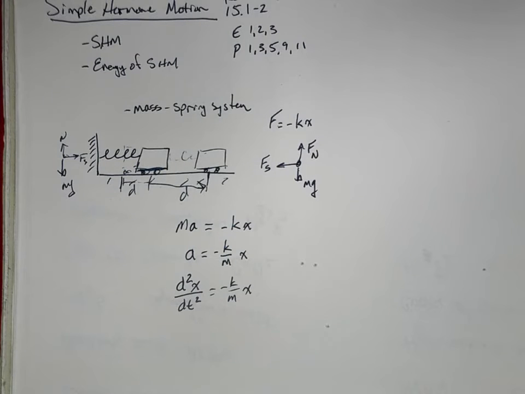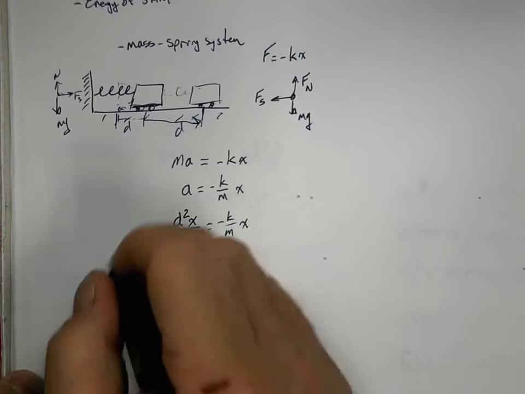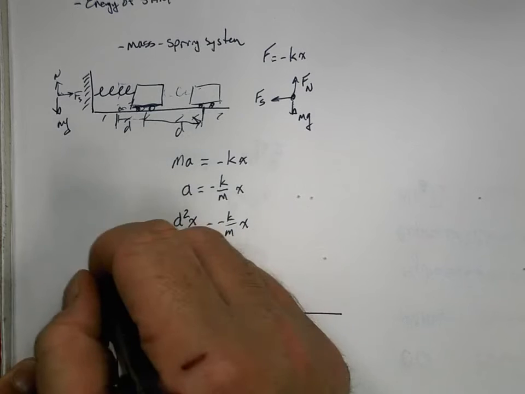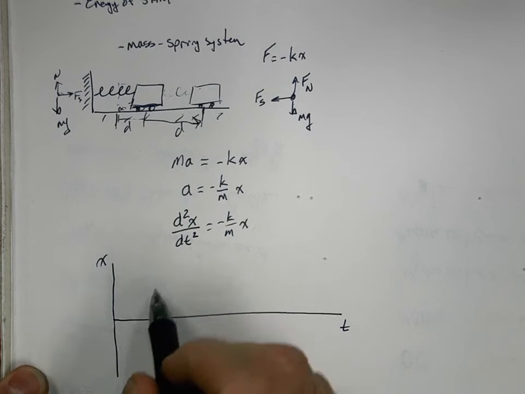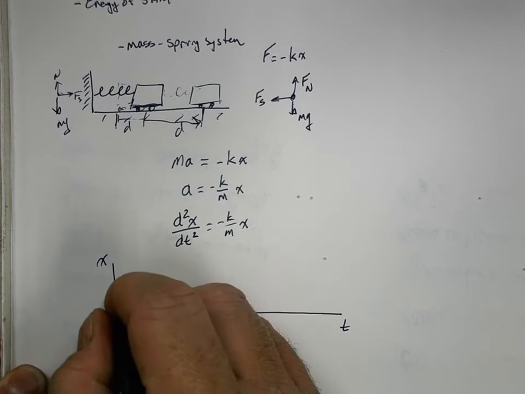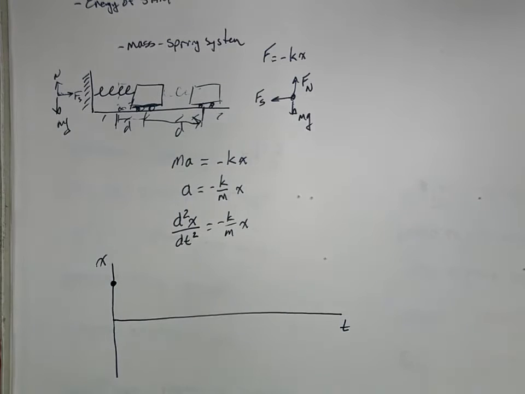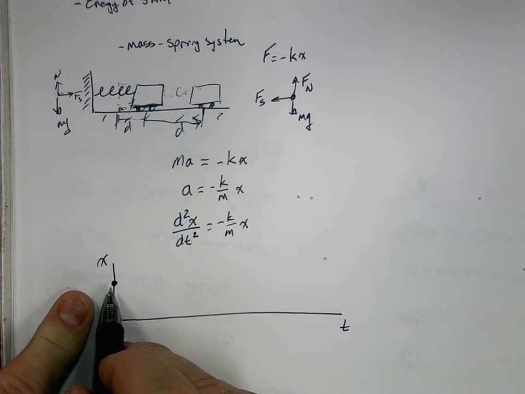Now, if we are to graph this, it is actually possible to graph this. And what happens is we get a graph that looks like this. If this is our displacement, and this is our time, at time 0, if we stretch this thing out and give it a positive displacement, as far as it'll go, we start at time 0, and then we let go.